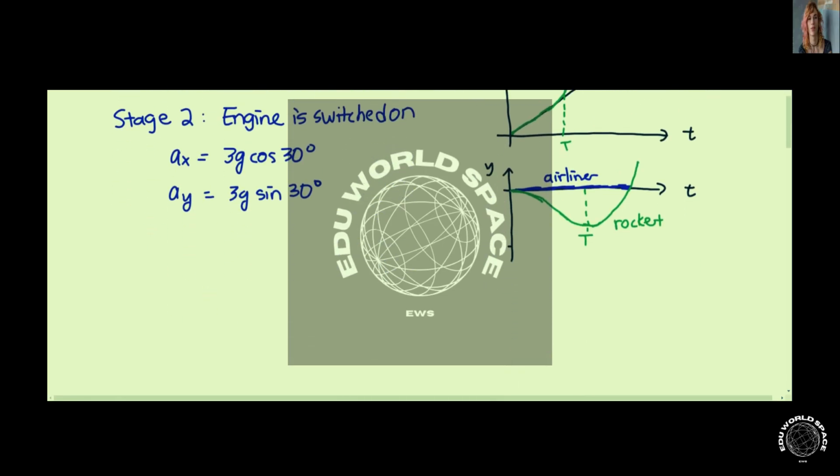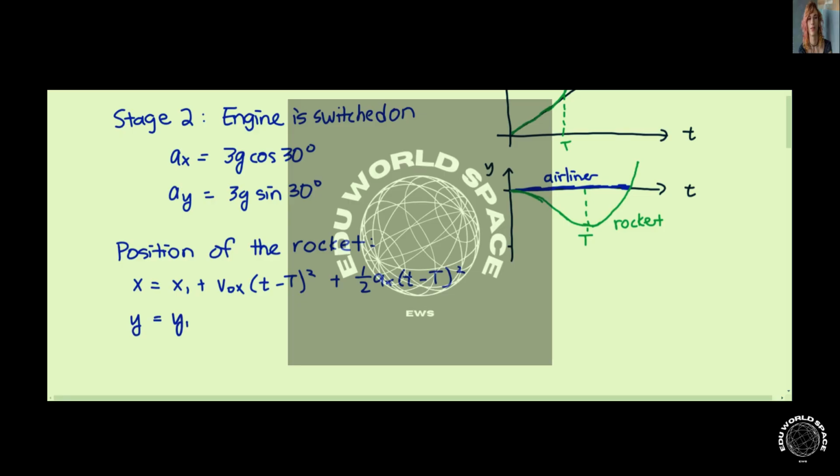So the position of the rocket in stage 2 is x equals x1 plus v0x times (t minus big T) plus half ax (t minus big T) squared, and then y equals y1 plus v0y times (t minus big T), there's no square here, plus half ay (t minus big T) squared.